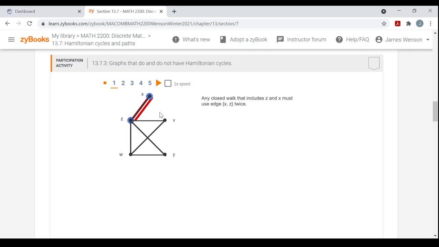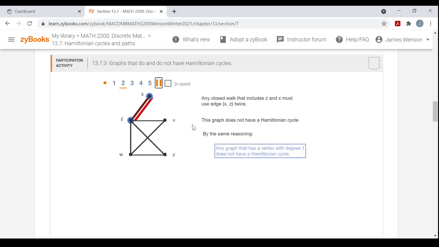So there's no way to make a Hamiltonian cycle. Right? Because remember, a cycle never repeats any edges or vertices except the first and the last one. So what we can see here is that if a vertex has degree 1 in your graph, you can't possibly have a Hamiltonian cycle. So any graph that has a vertex with degree 1 cannot have a Hamiltonian cycle.